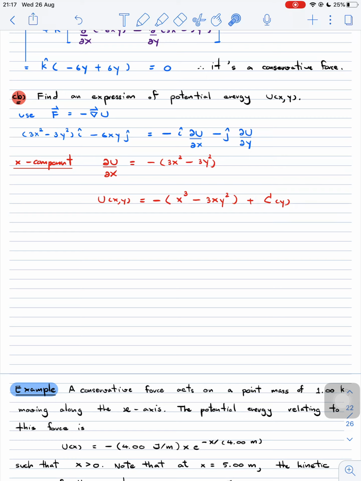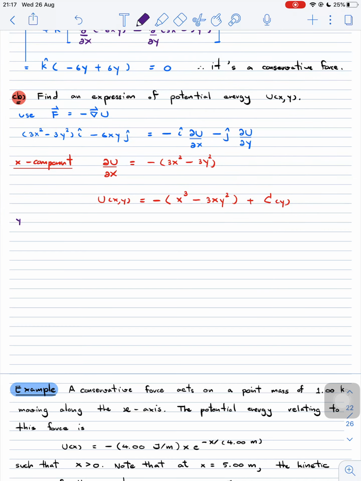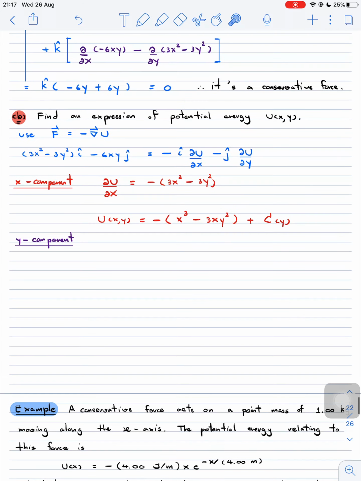Okay, so this is what we get from the x component, right? So now we just want to find this c. We can find it from the y component of this equation. Okay, so let's use it here. So now for the y component of the function, let's compare this to this.